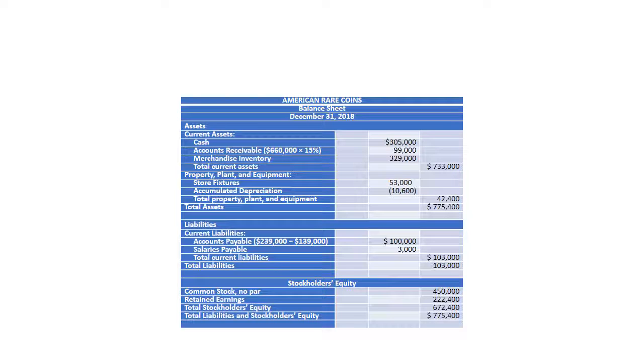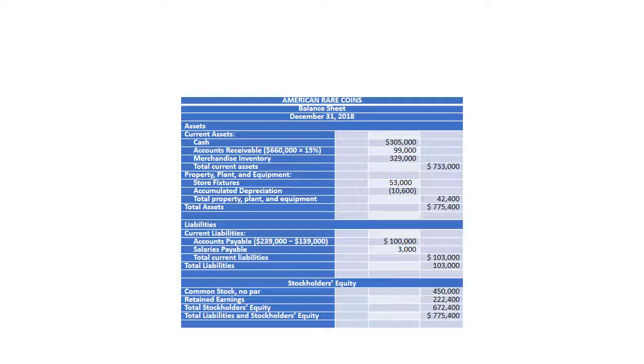The store fixtures cost $53,000, but then we subtract any accumulated depreciation related to it of $10,600, giving us total property, plant, and equipment of $42,400. We add the current assets to the property, plant, and equipment. Total assets $775,400.